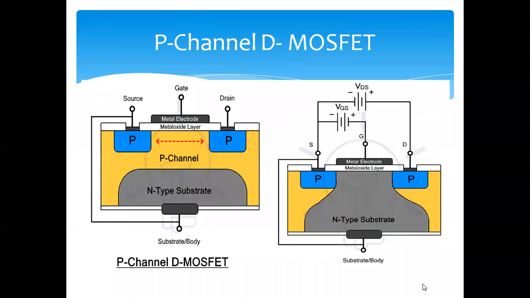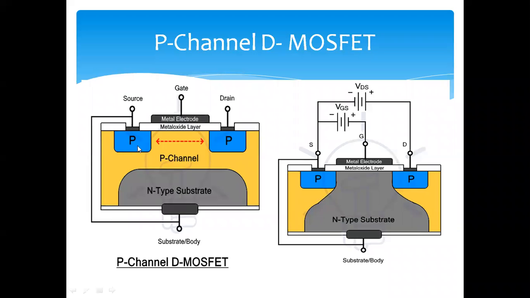Now similarly we can talk about the p channel depletion MOSFET. This is the circuit. As you know, for the p channel we are providing the positive gate voltage, so we have connected the positive terminal of this battery to the gate. An n type substrate will be there.